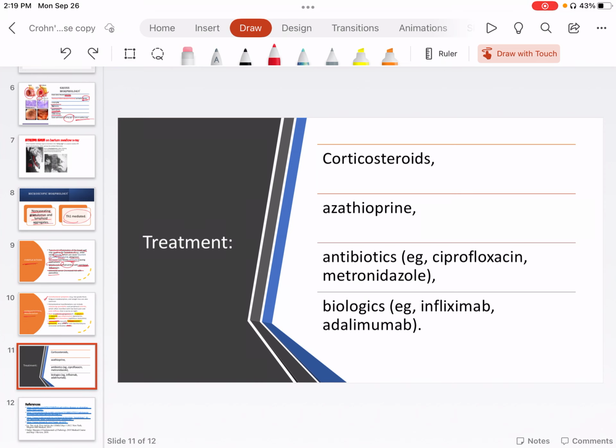The treatment is corticosteroids. The treatment is very much similar to any autoimmune disease. So it's the same: corticosteroids, azathioprine, antibiotics like ciprofloxacin and metronidazole, and infliximab and adalimumab. These are monoclonal antibodies.